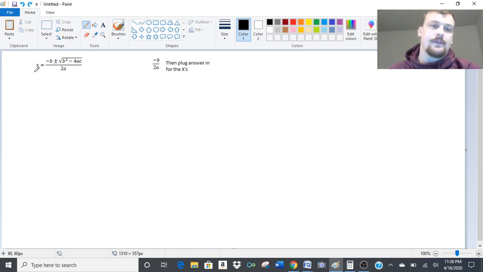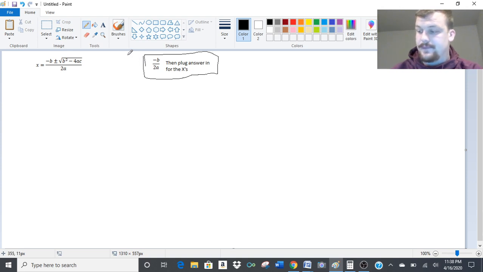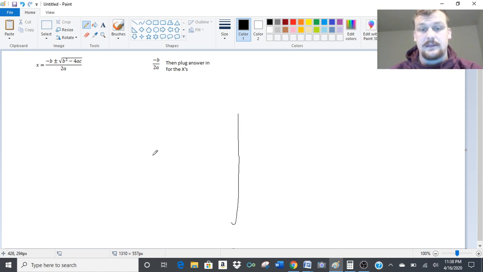So this equation, negative b over 2a, is what finds the x on the x-axis, and it finds the axis of symmetry.